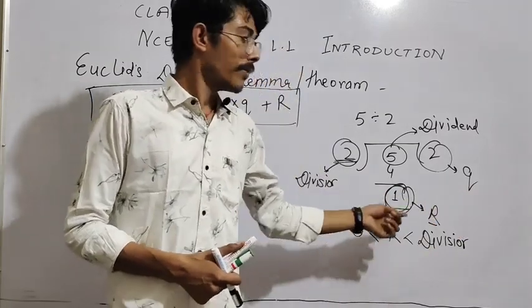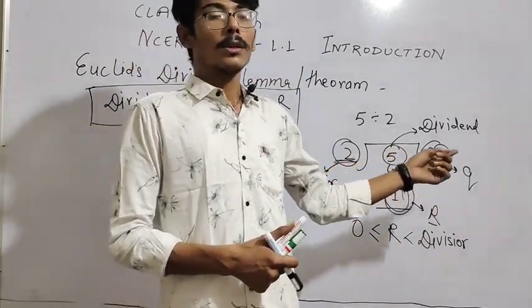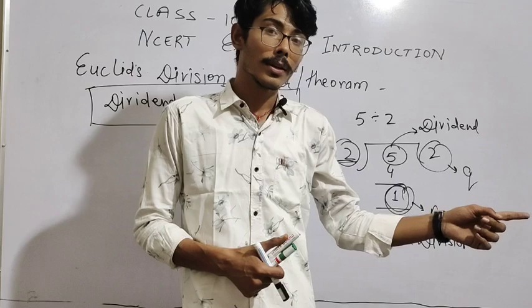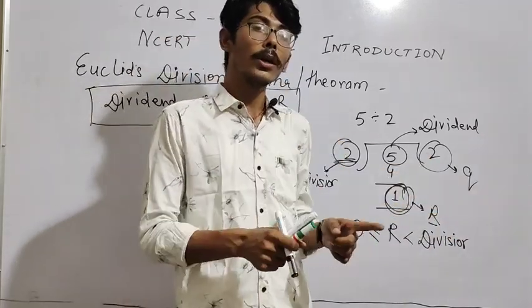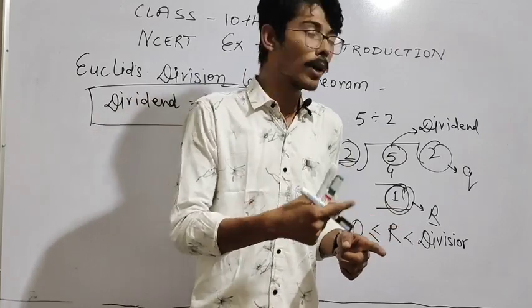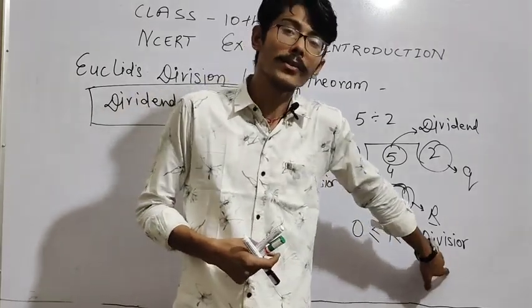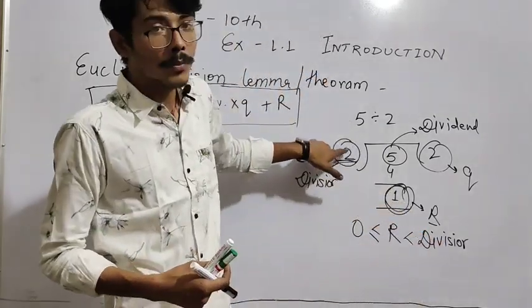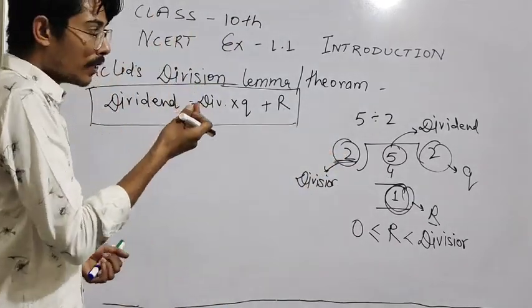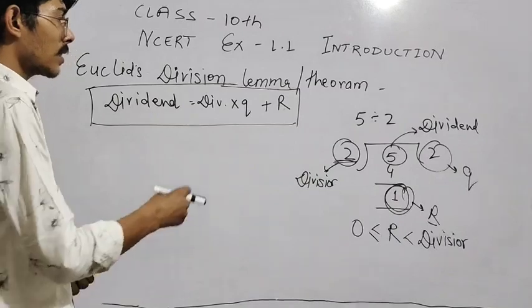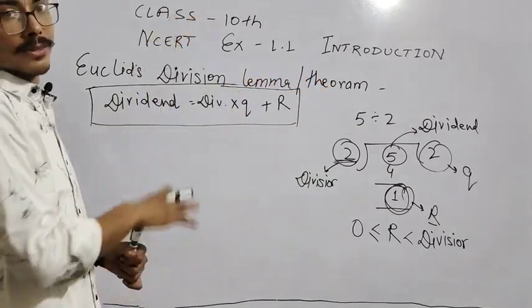And the number which is left, which is either 0 or greater than 0, but always less than the divisor. The divisor is here. Okay, so again if we assume the things, we have assumed the things.